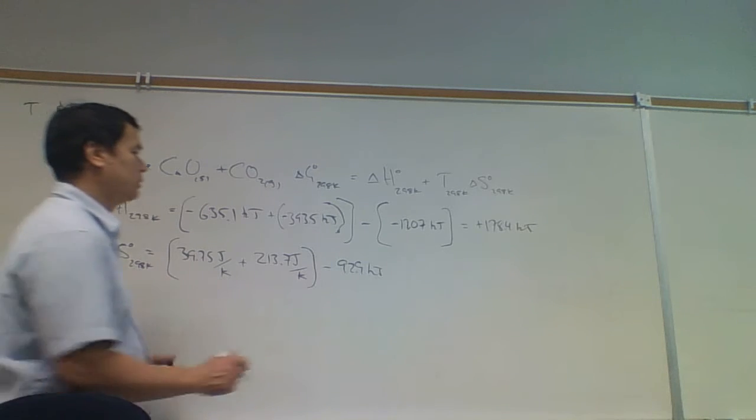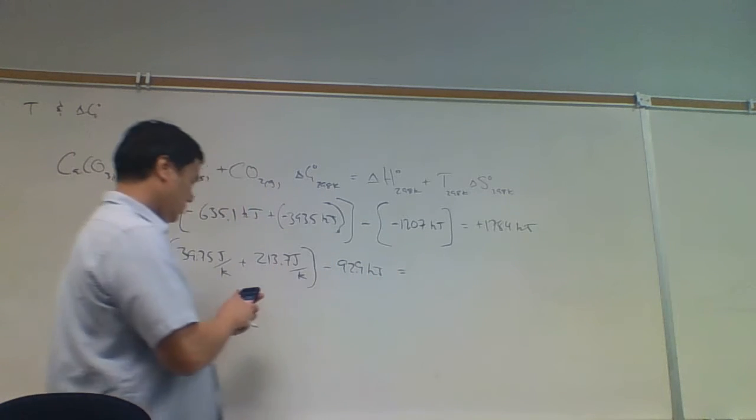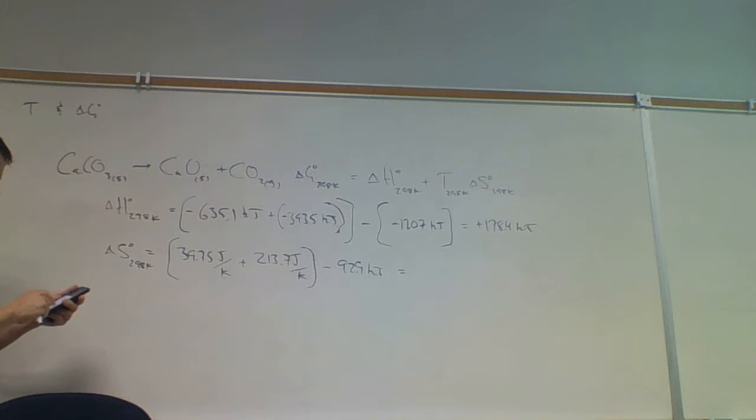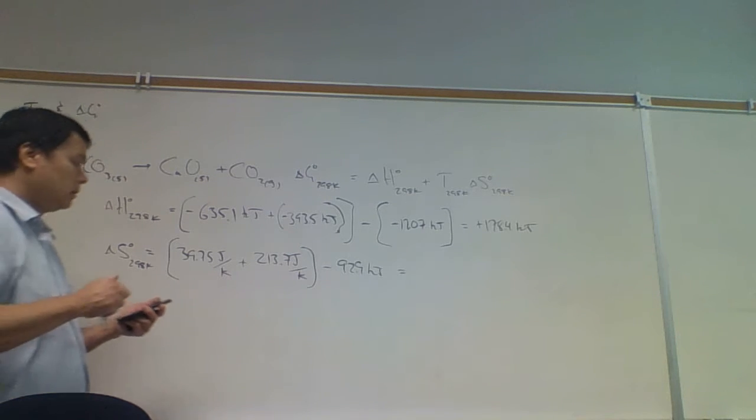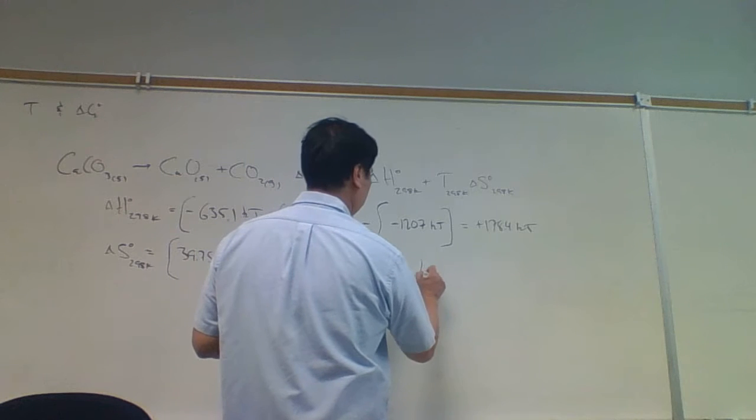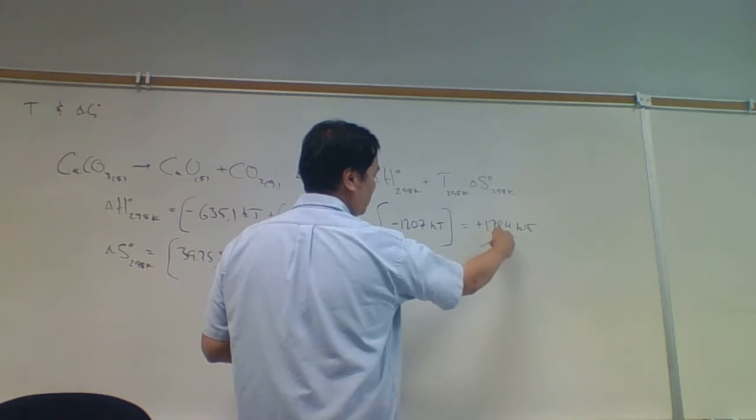So let's take a look at this. 39.75 plus 213.7 minus 92.9, 160.55. Actually, I'm not allowed this digit.